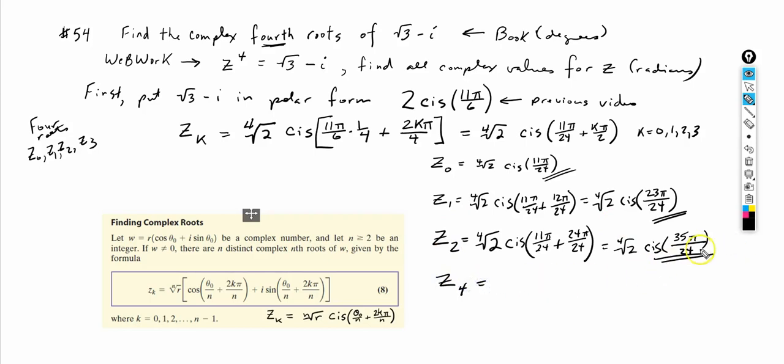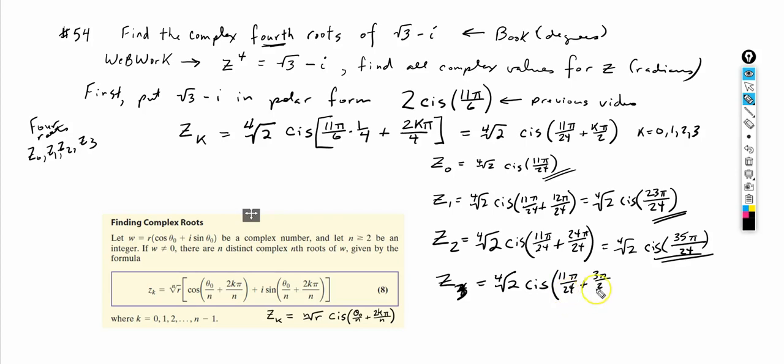And then for my last one here, I'm going to have the fourth root of 2 times cis of 11 pi over 24. Oh, sorry, that's z3, not z4. Plus, and my k is equal to 3, so I'm going to have 3 pi over 2.